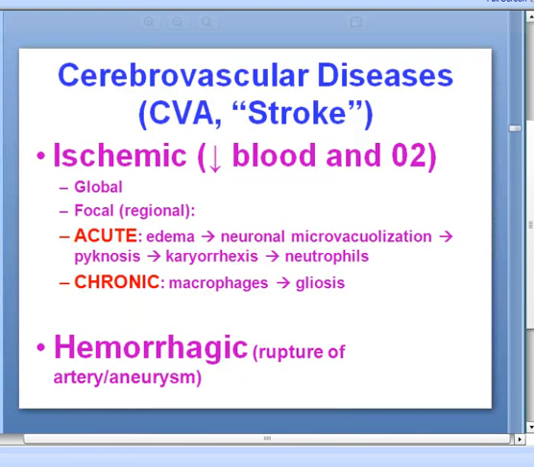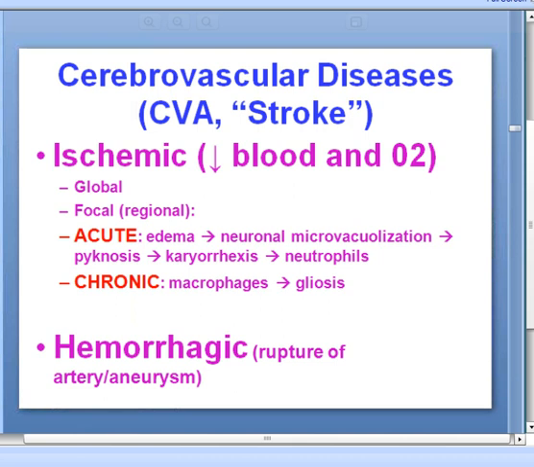So let's talk about strokes. There are two kinds of strokes. There are strokes resulting from ischemia, or not enough blood, oxygen and nutrients, and there is a hemorrhagic stroke, one in which there has been hemorrhage, usually of an artery or an aneurysm involving the same type of artery.